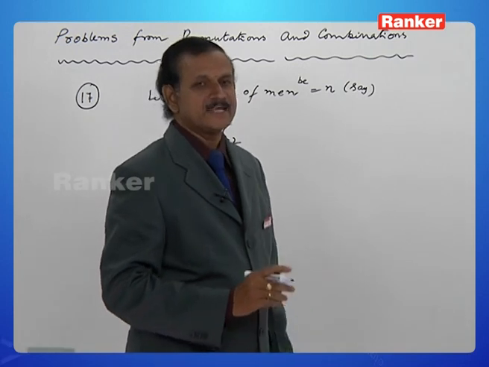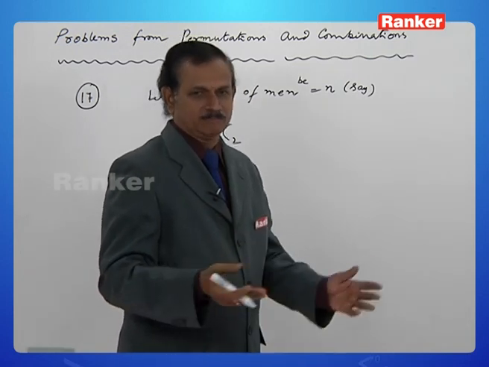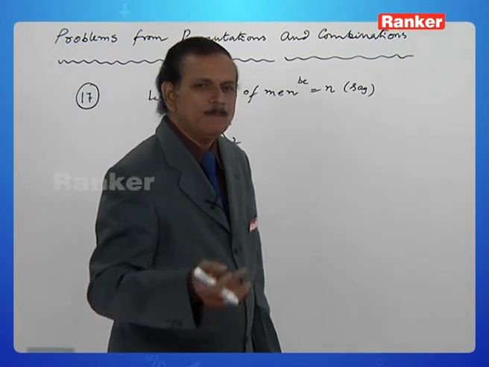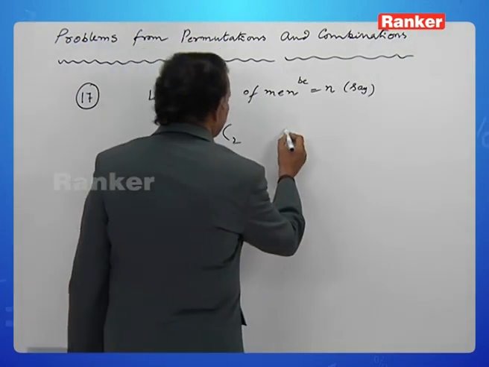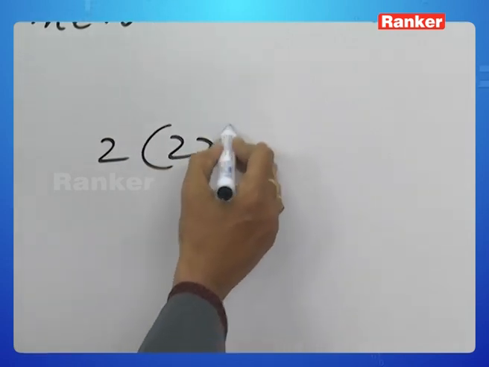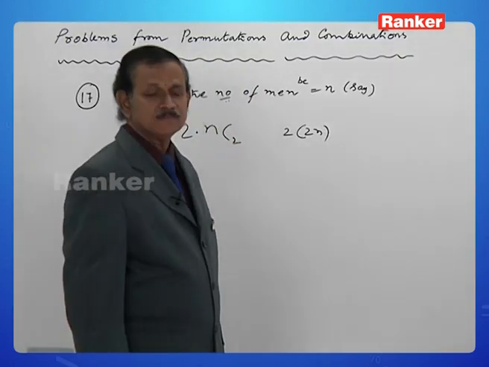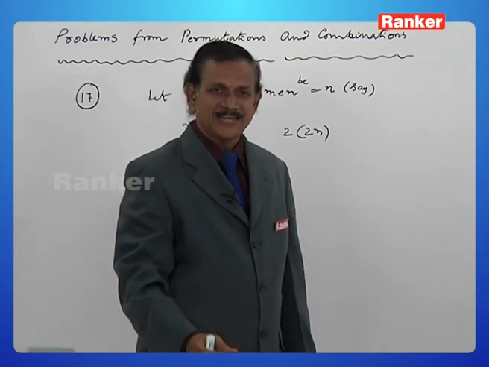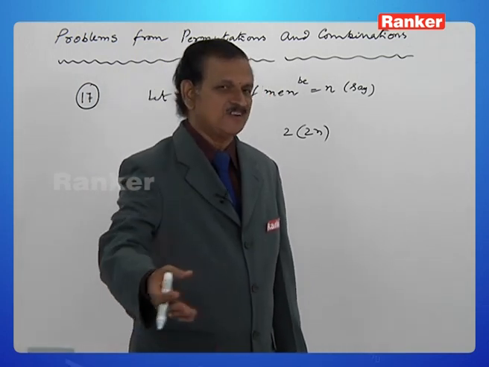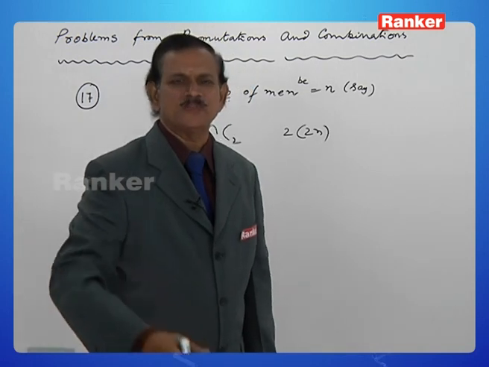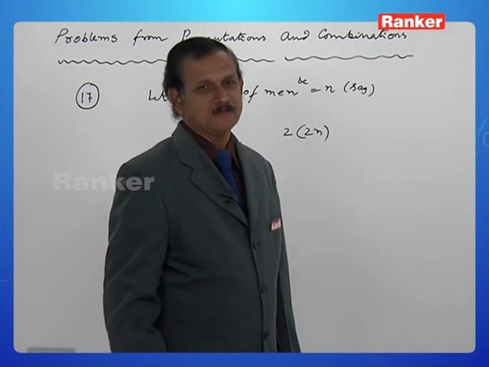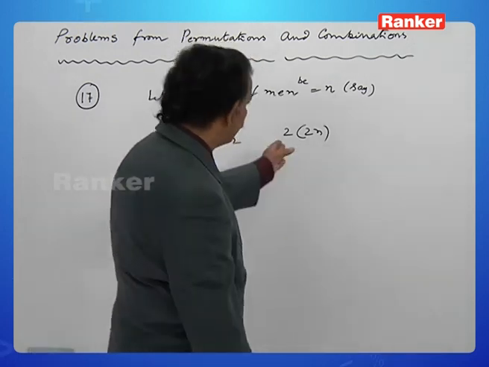Therefore, the number of games that men played with the 2 women is 2 into 2n. Why is it 2 into 2n? These 2 women can be participants in 2n games with the men if there is 1 match, but there are 2 matches, therefore 2 into 2n.